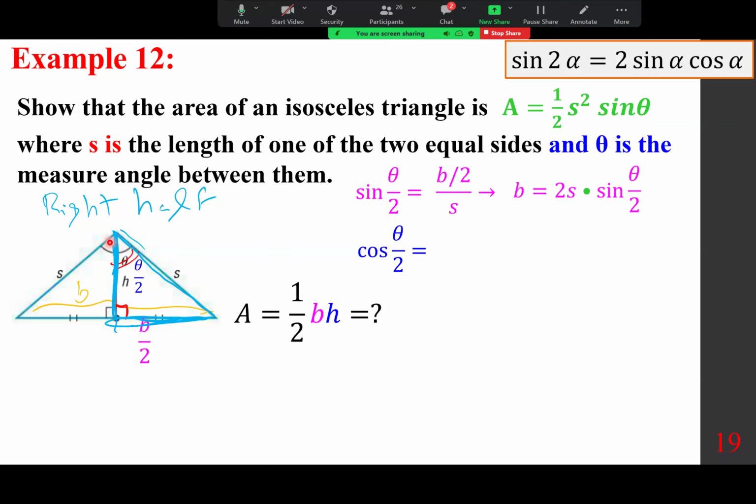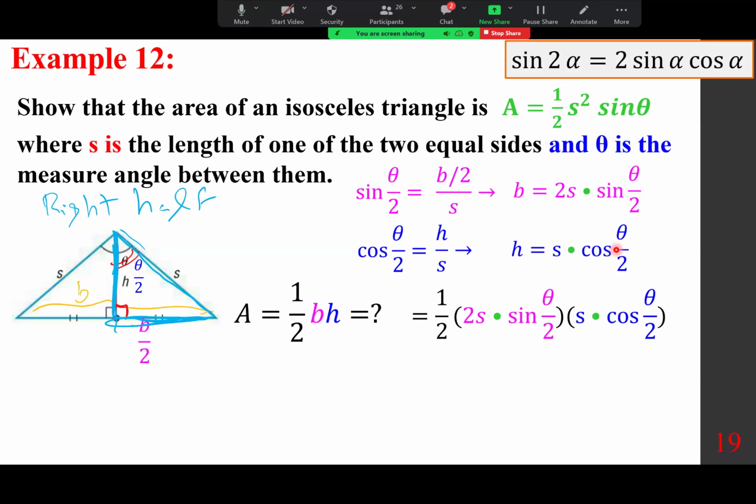is the adjacent h over the hypotenuse s, and therefore the hypotenuse is the product of these two. Hypotenuse is s times cosine of theta over 2. So we are going to replace it here. 1/2, the base, we will put this one, the height, we will put this one. So 1/2, the base is this, the height is this.